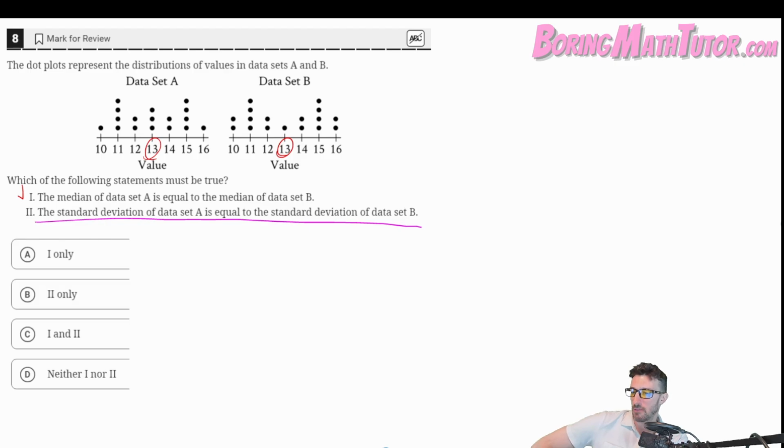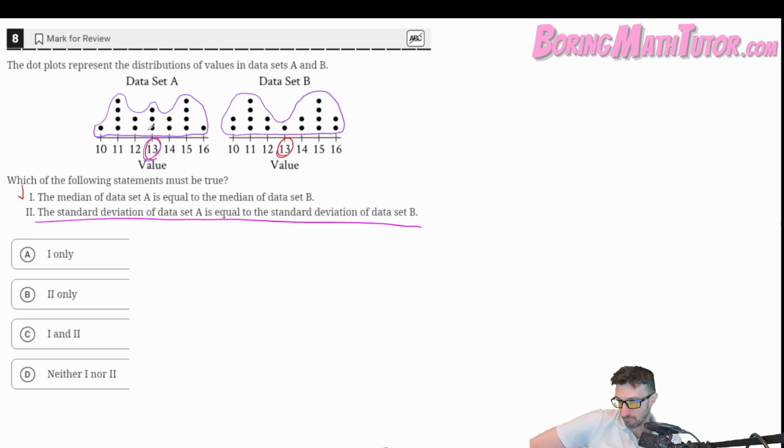And you can kind of visually see this. You can see that over here, things are not as spread out away from the 13 as they are over here. Over here, it looks like you have more stuff that is spread out away from the 13.